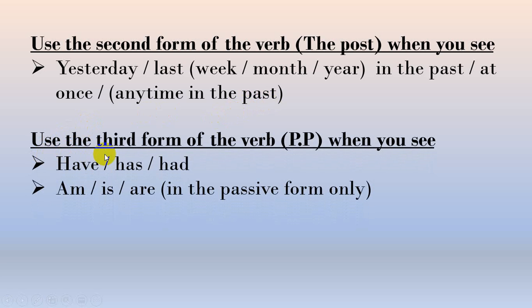Also, we should use the third form of the verb, the past participle, when you see have, has, had as present perfect, or when I see am, is, are in the passive form only.